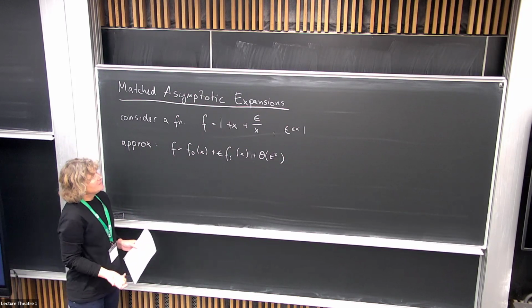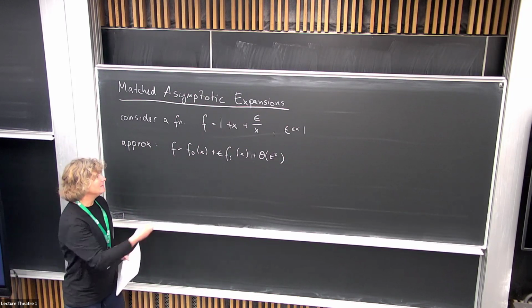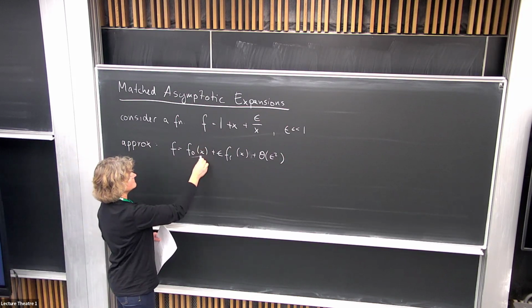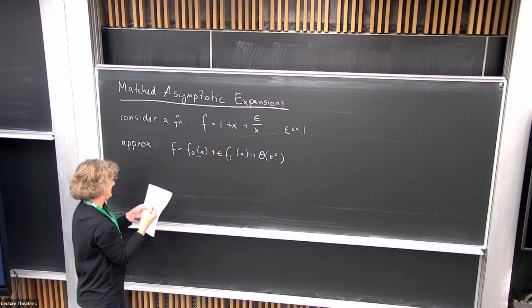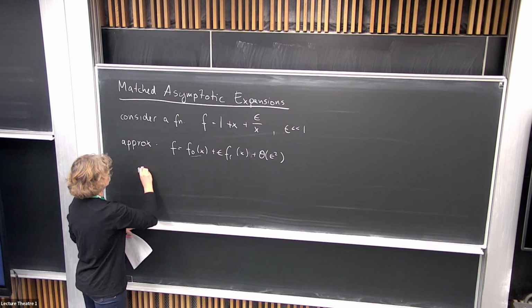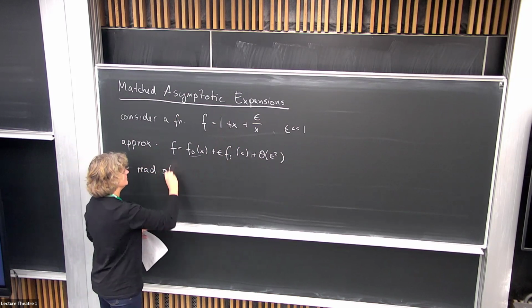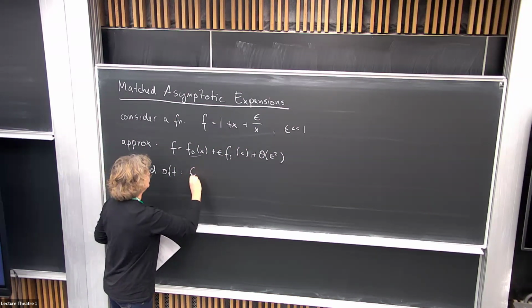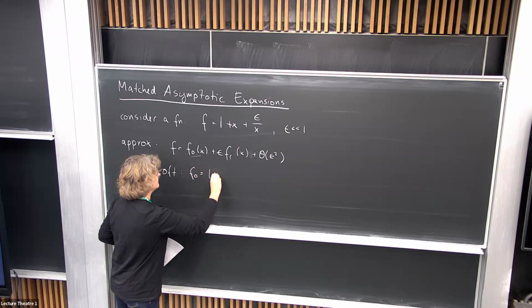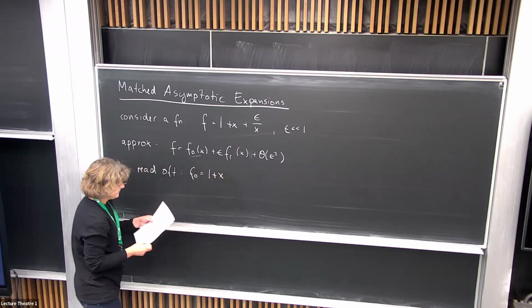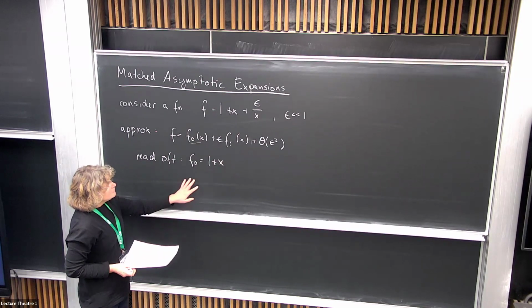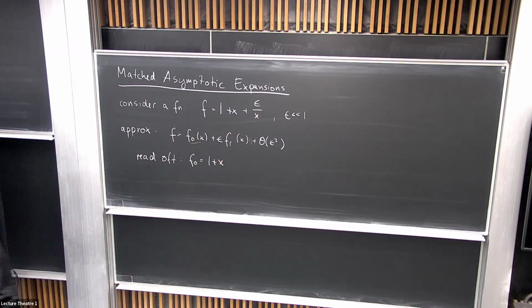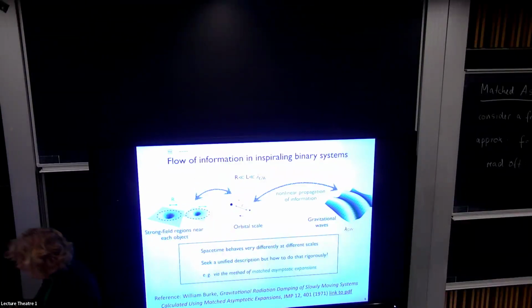And in this example, it's really simple. We can just read off what this f0 is. Well, it's just 1 plus x. So we read off f0 is 1 plus x. Let me also show you what this function looks like.